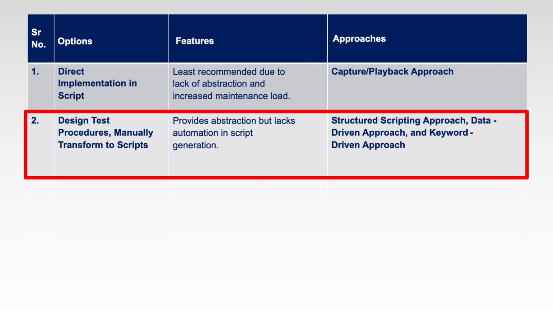Structured scripting approach, data-driven approach, and keyword-driven approach are suitable for this option. Test procedures designed using Microsoft Excel or Google Sheets, then manually translated into test scripts, maybe using Selenium WebDriver, Puppeteer, or any other test framework, can be categorized as this option.